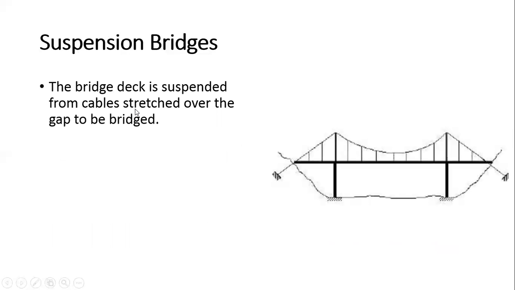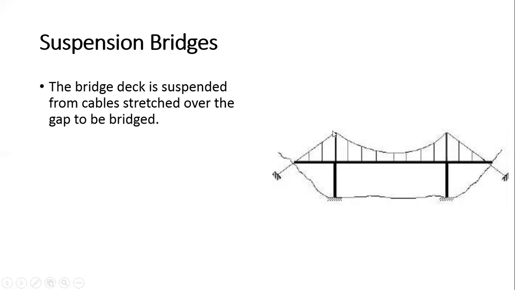Then we have the suspension bridges. In case of suspension bridges, the bridge deck is suspended from cables. So this is my bridge deck and it is suspended with the help of these suspenders from cables. This is my cable, which is passed over these two towers.